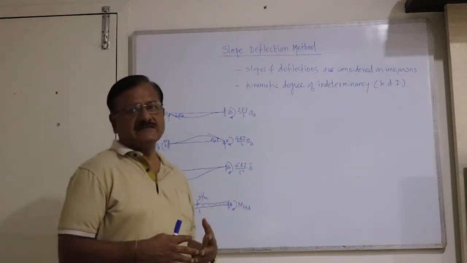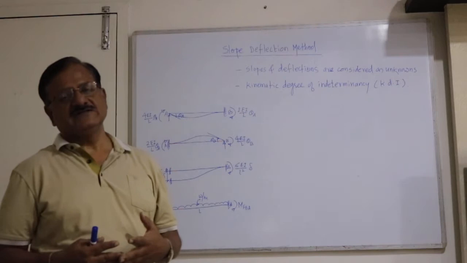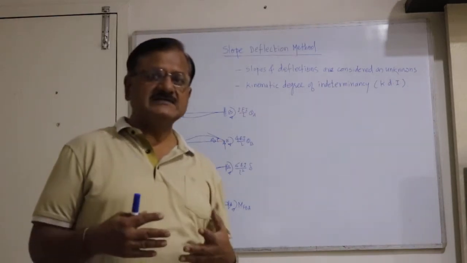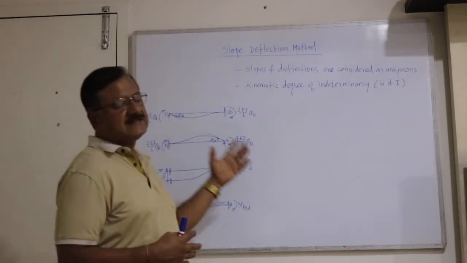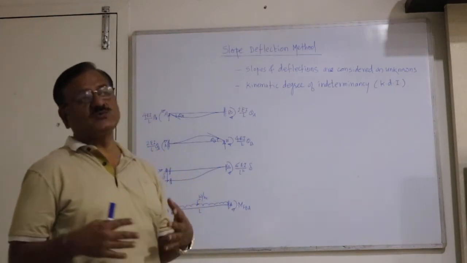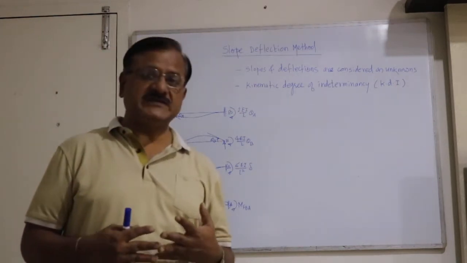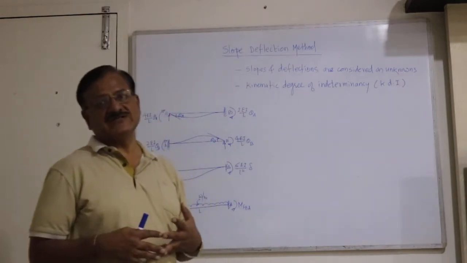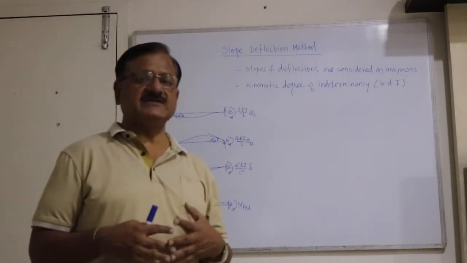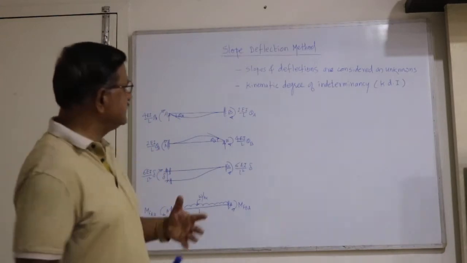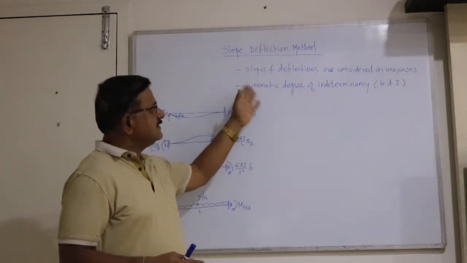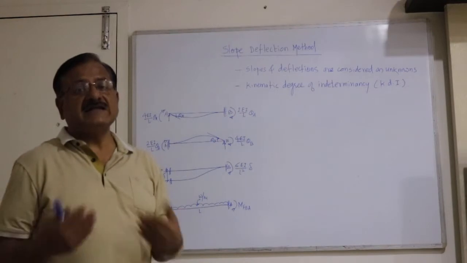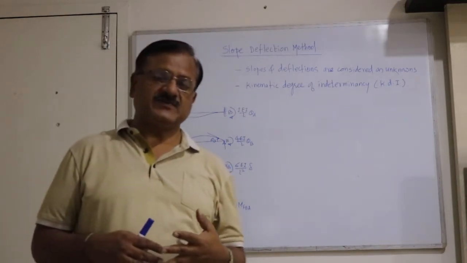During the first unit you learned how to calculate static degree of indeterminacy, how to calculate kinematic degree of indeterminacy, what are statically determinate and indeterminate structures, what is internal degree of indeterminacy, external degree of indeterminacy, etc. And here in this method the kinematic degree of indeterminacy is required.